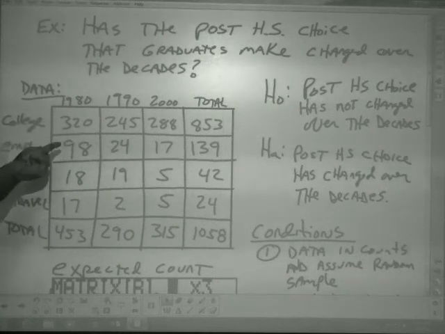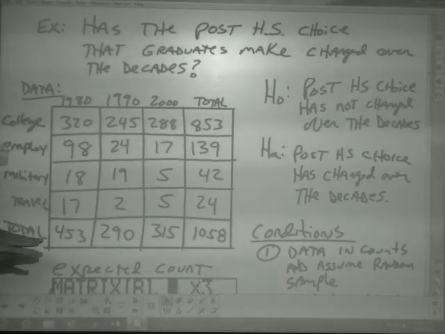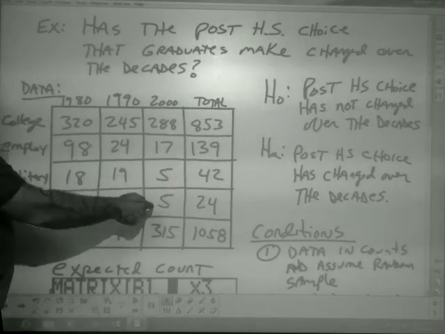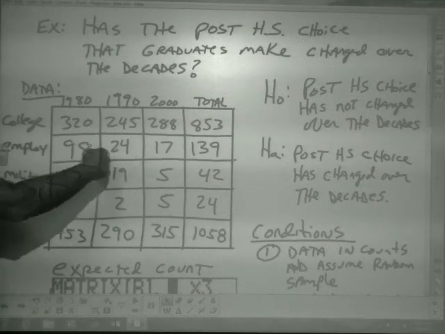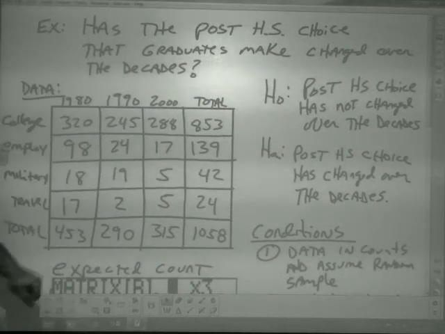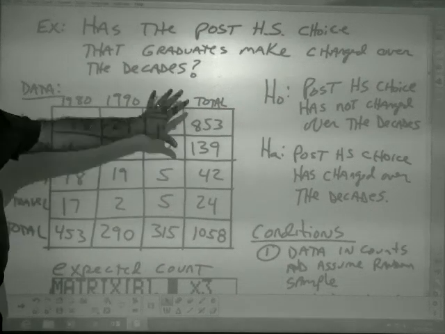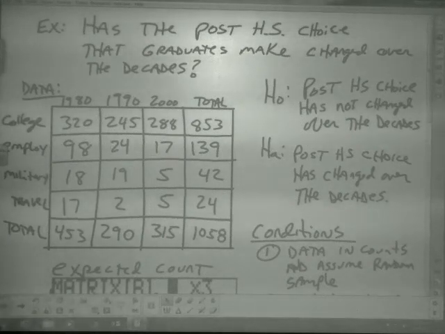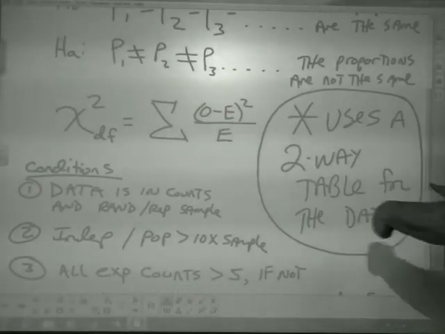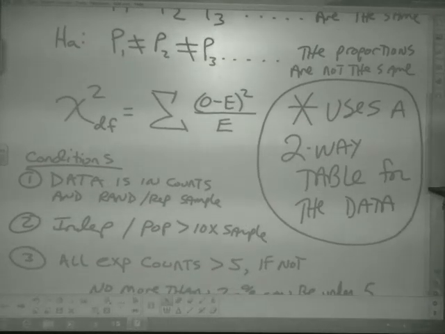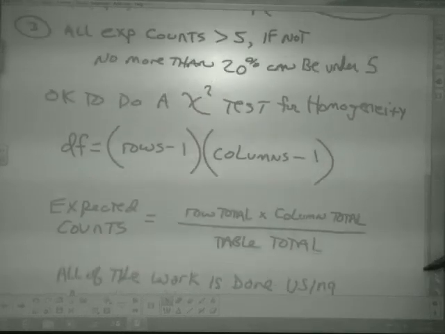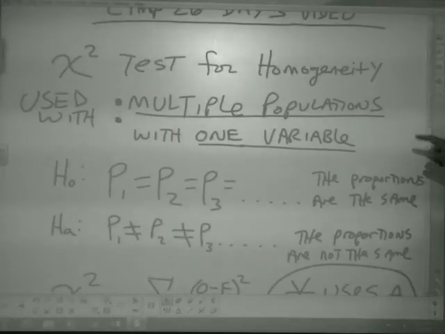This table has 1, 2, 3, 4 rows, because you never count the total. 4 rows, 3 columns, has 12 boxes in it. So we're going to take a look at this scenario in class, but this type of table is what I'm talking about when I say that it uses a two-way table for the data. Okay? But that's it. We're going to show you how to get it all with the calculator when you get into class.